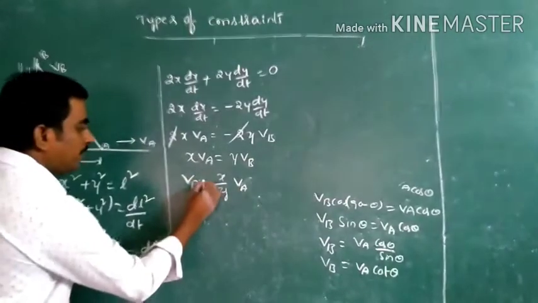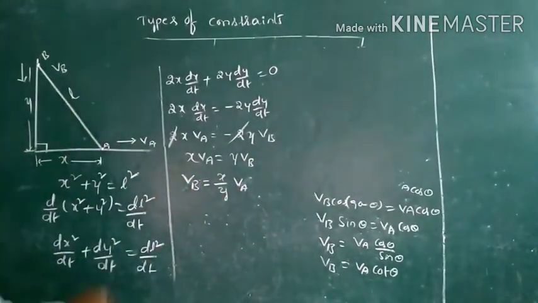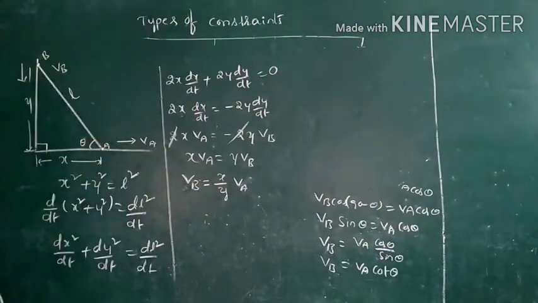Let us assume x by y is related to the angle theta. According to this angle, x by y means adjacent side by opposite side, and adjacent side by opposite side means cot theta.